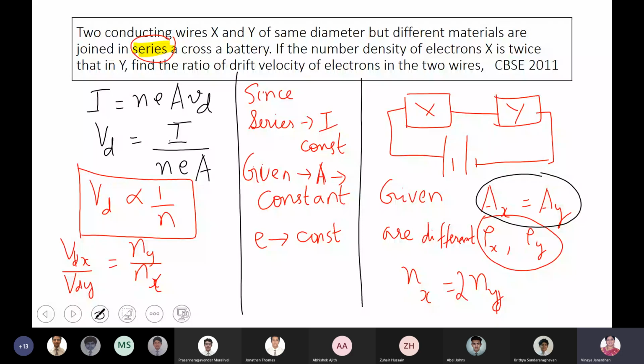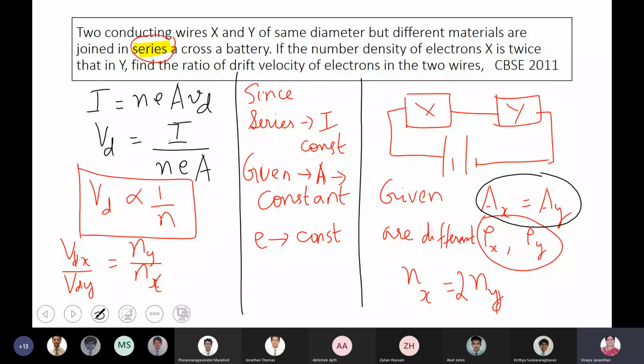So what will be the ratio? Resistivity is different, but here this area is the same. VDX by VDY, so it's NY comes up, NX comes down.